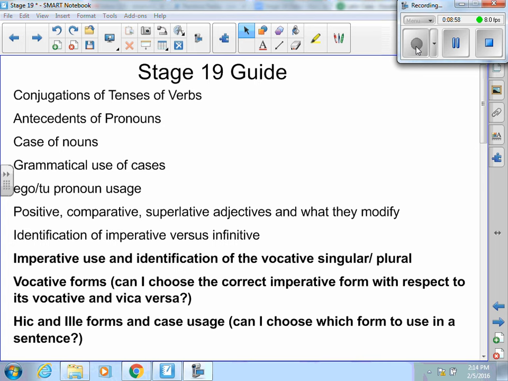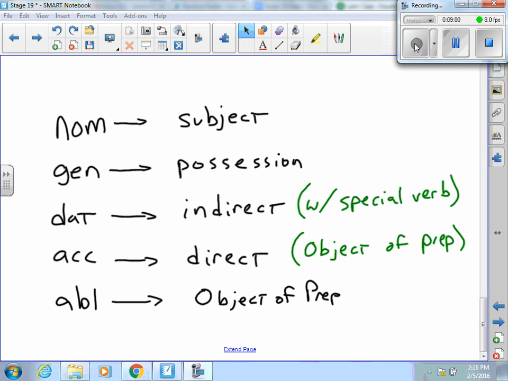Here's a list of things that nominative, genitive, dative, accusative, and ablative can be used for grammatically. The nominative is a subject. It can also be used as a predicate nominative or predicate adjective if it has a linking verb. Genitive is going to be possession. We translate that as of. Dative is mostly going to be the indirect object. Remember, with some special verb constructions, it can be used as the direct object.